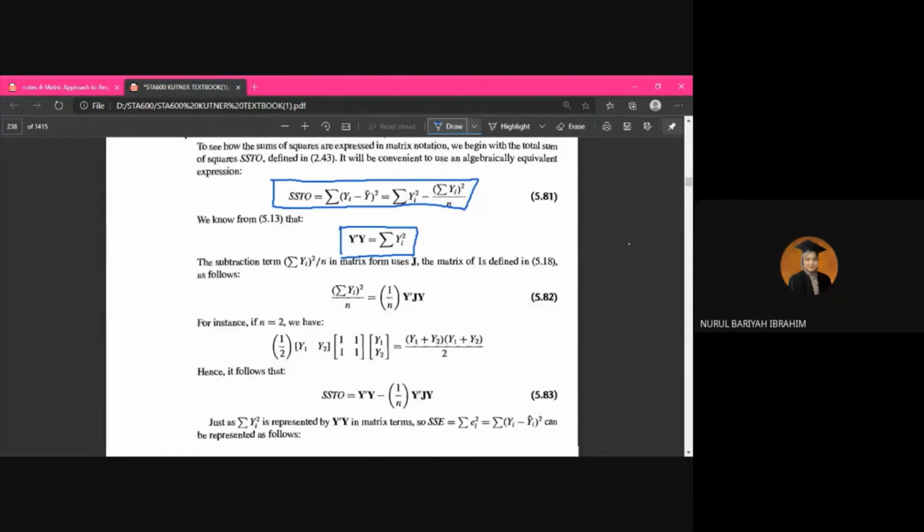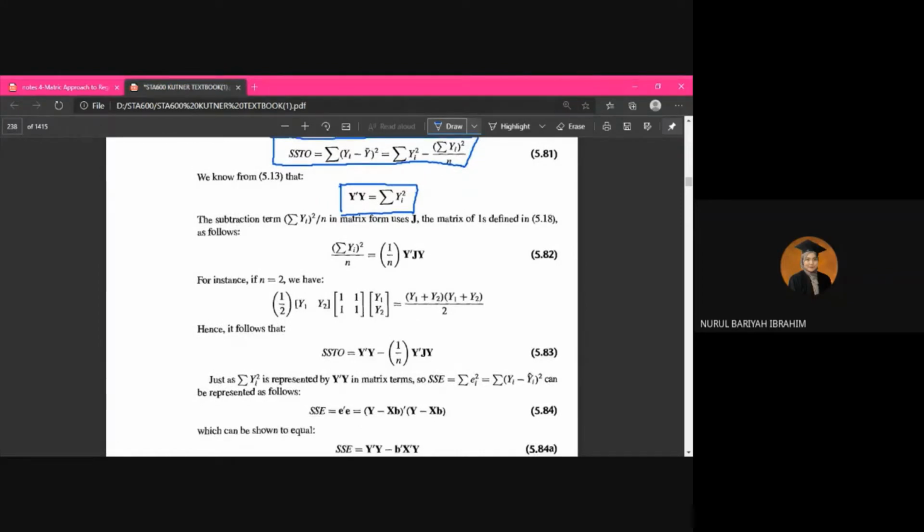Using the matrix, we can get the value of SST using this formula: Y transpose Y minus 1 over n, where n is the number of observations, multiply Y transpose, matrix J, and matrix Y. Matrix J is a square matrix, as in this example, where all the elements are 1.